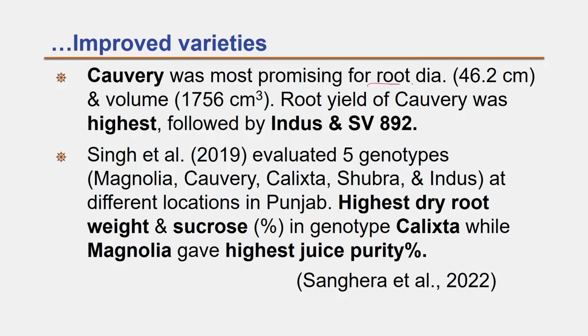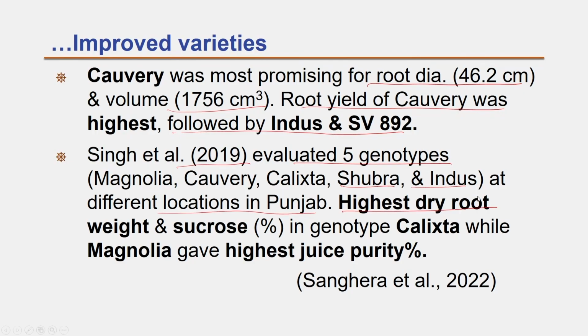Kaveri was most promising for root diameter. You can see in so far as root diameter, it was 46.2 centimeter and volume was 1756 cubic centimeter. And root yield of Kaveri was highest, followed by Indus and SV892. Singh and associates in 2019 evaluated 5 genotypes: Magnolia, Kaveri, Calixta, Shubhra and Indus at different locations in Punjab.